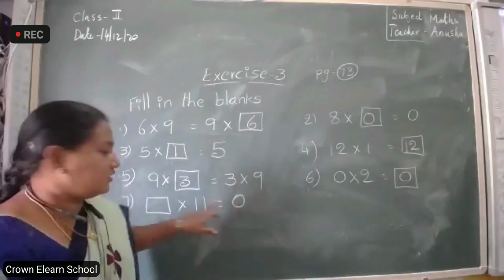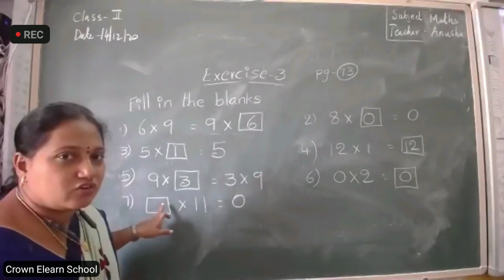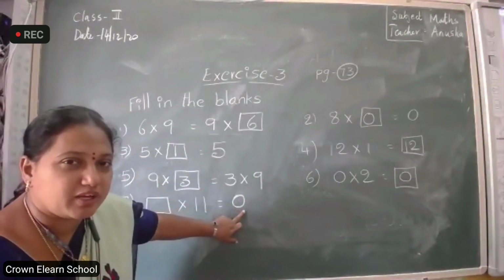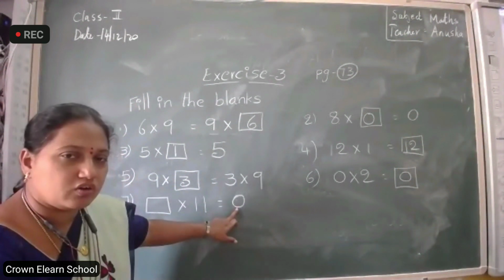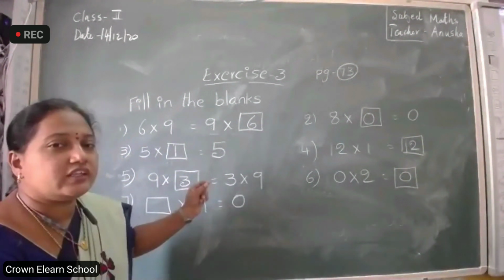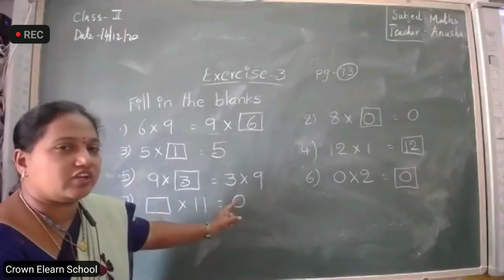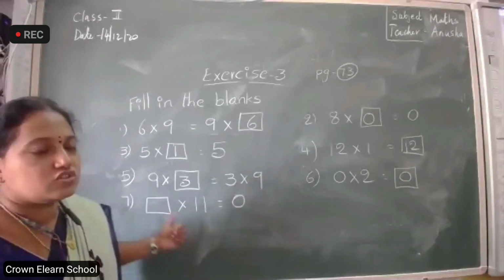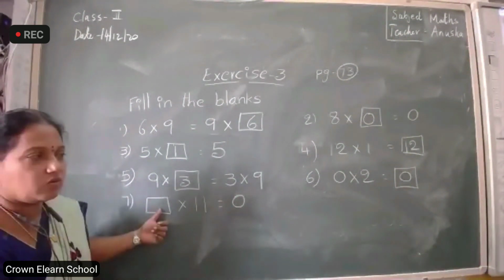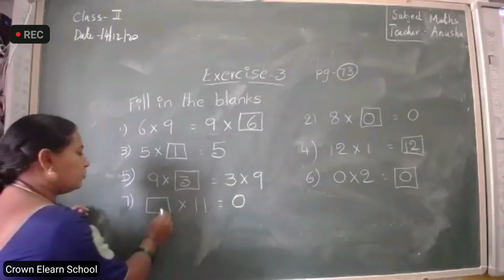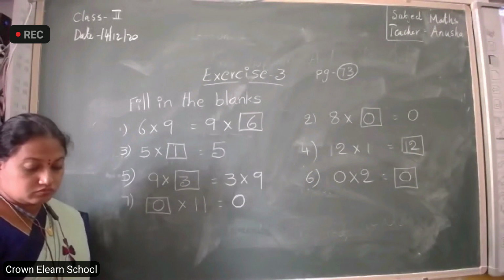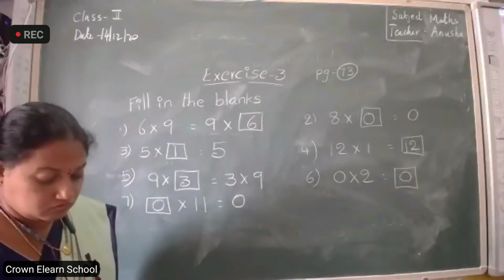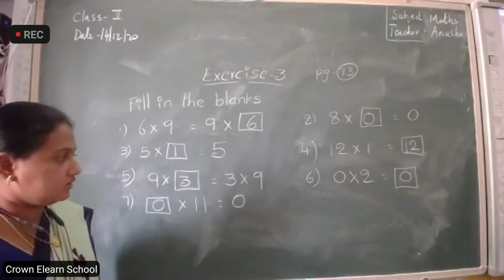If 0 is there in the question, automatically the answer will become 0. So what is the answer? 0. That is the seventh one.